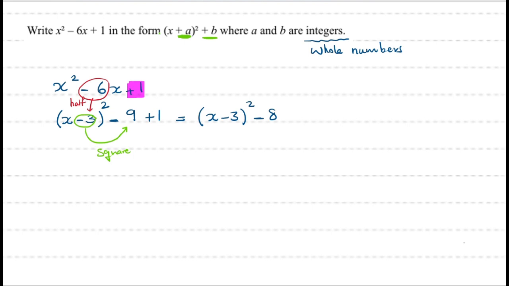But in the actual answer, we might end up with the value of a being negative, which is the case here, because the value of a is minus 3, and the value of b also is negative, which is minus 8. So we note that the values of a and b in the form that the question says can stand for either positive or negative numbers. And if the values are negative, then you will have minus inside brackets and also minus outside brackets.